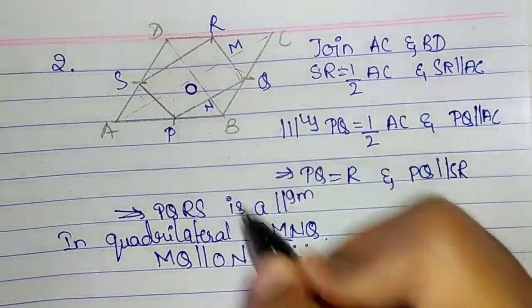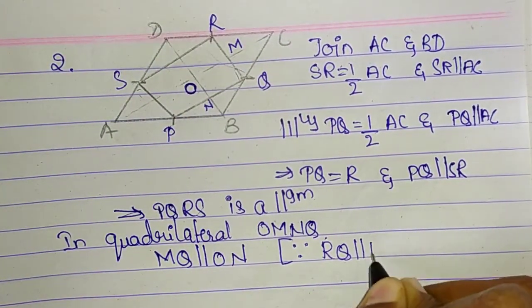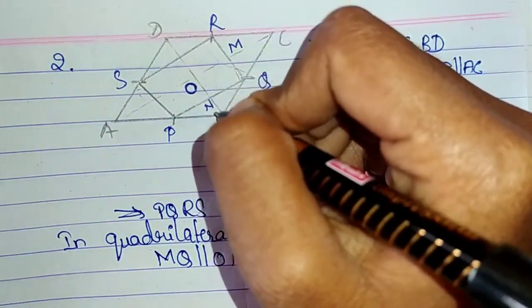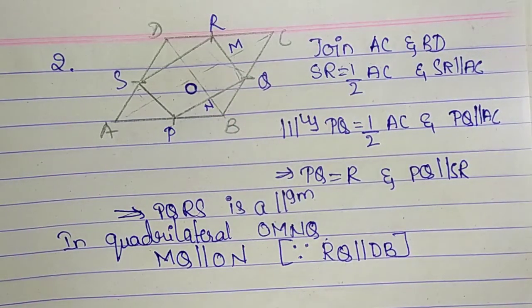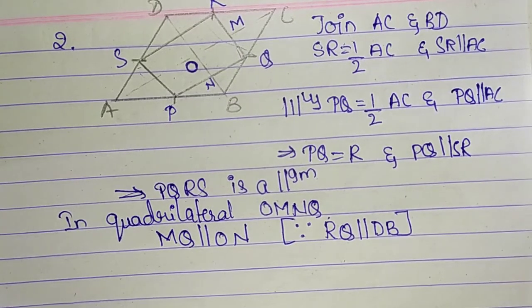Since they are parallel to each other, MQ and ON are parts of the same line, so these segments are also parallel to each other. So MQ is parallel to ON.